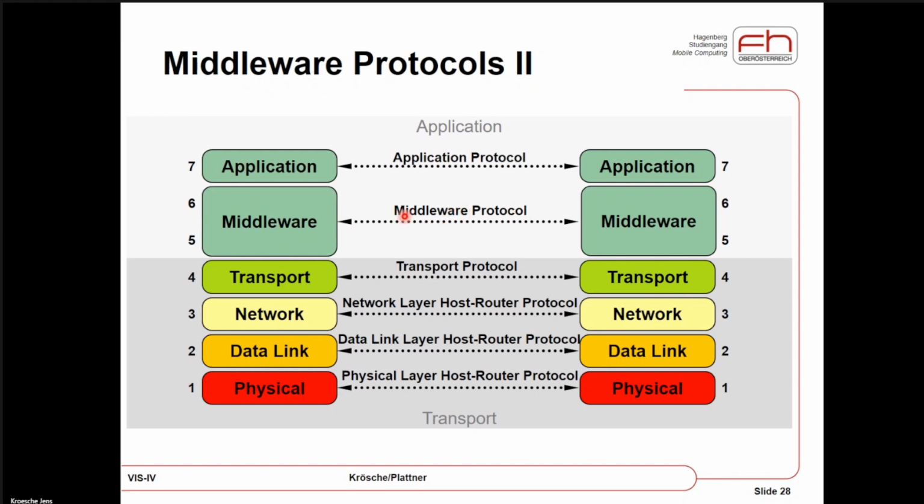But of course, this middleware protocol uses the transport layer of the network, and therefore UDP and TCP are involved again, and some bytes are shifted from the client to the server and from the server to the client. But we don't see that anymore. If we want, of course, we can take a look at it, but typically we are quite happy with knowing that someone else takes care of the stuff. And therefore we ignore that typically.